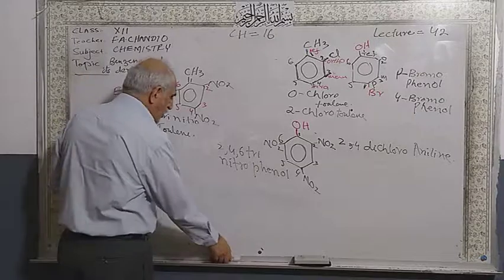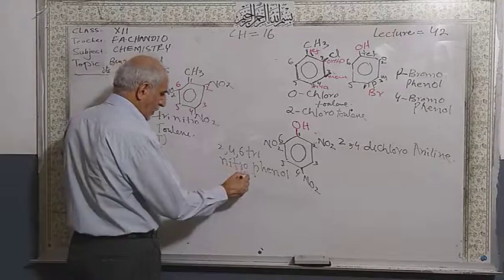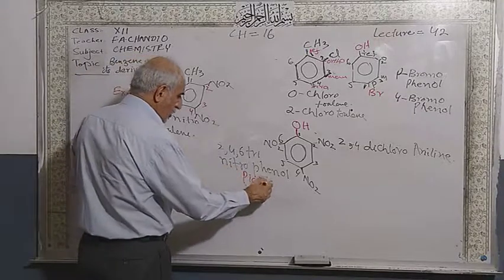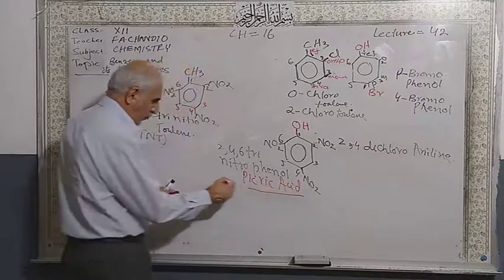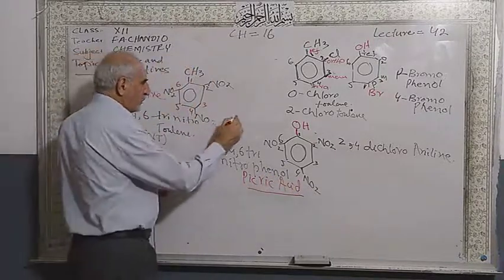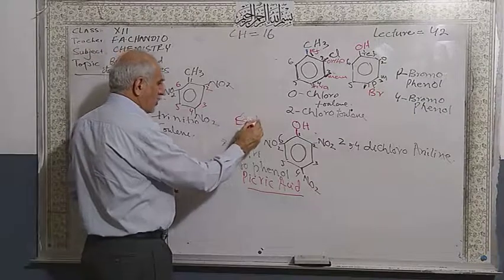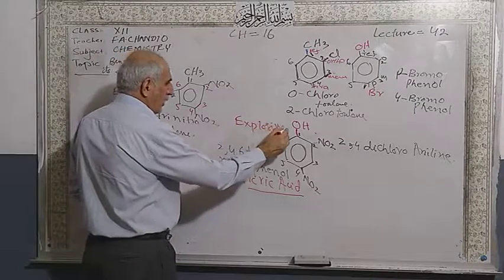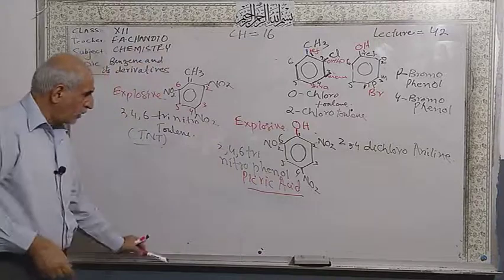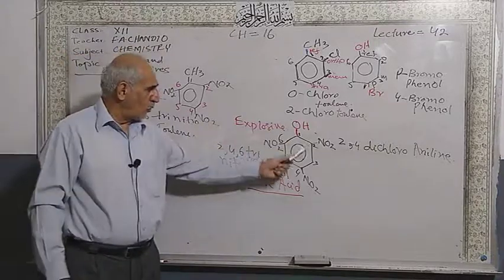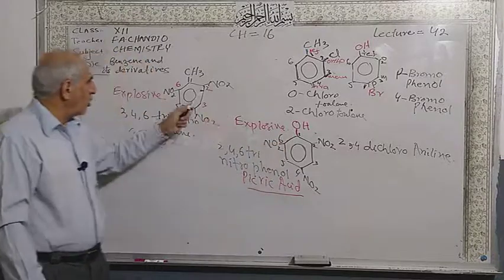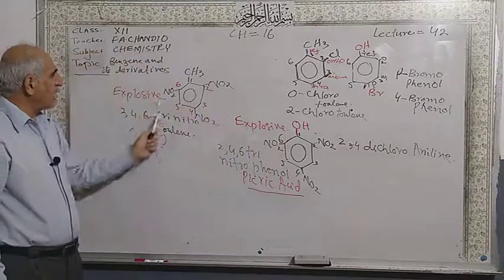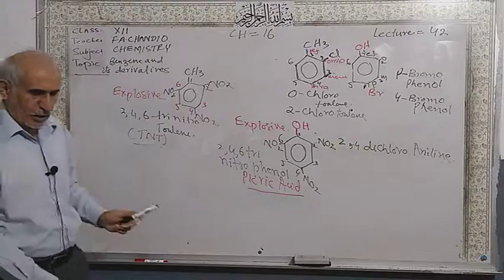This is an explosive we call picric acid. Again, it is explosive. 2, 4, 6 trinitrophenol. So, trinitrotoluene, TNT, or picric acid.